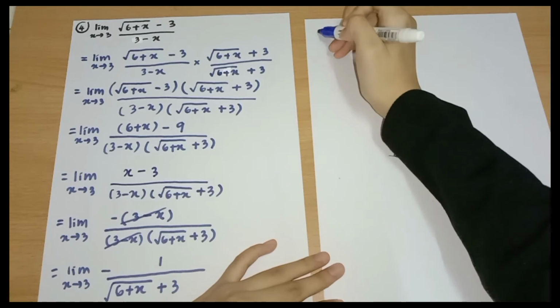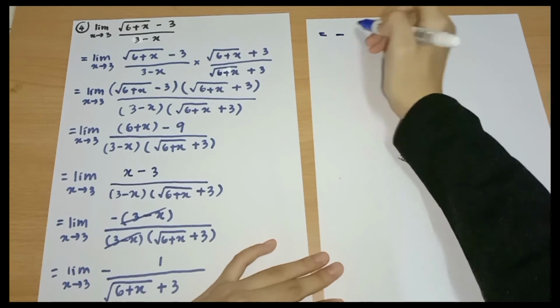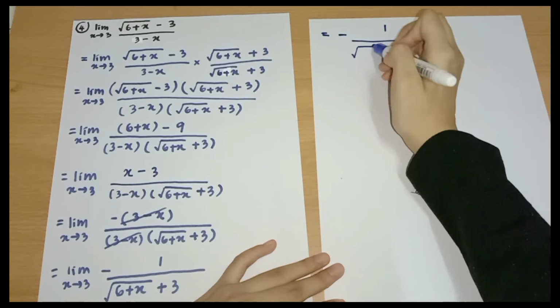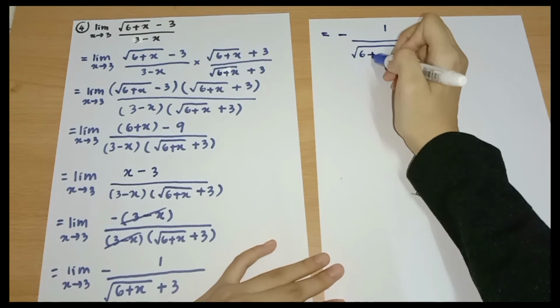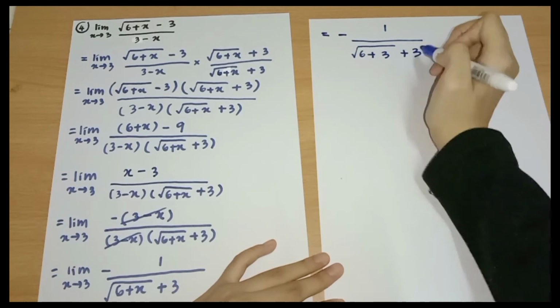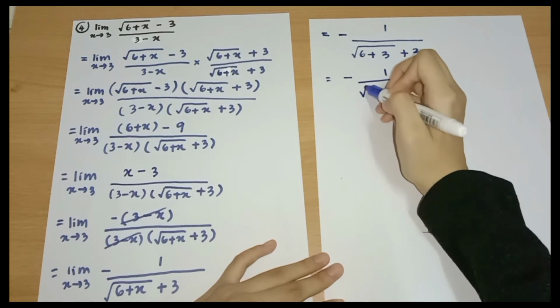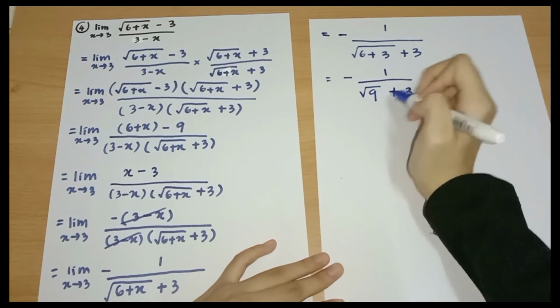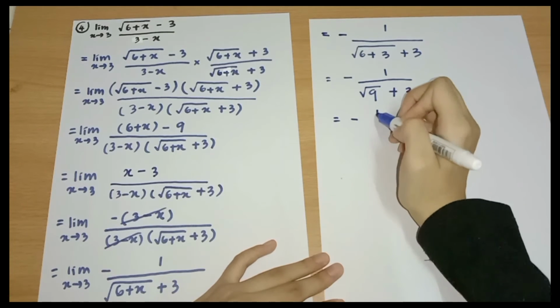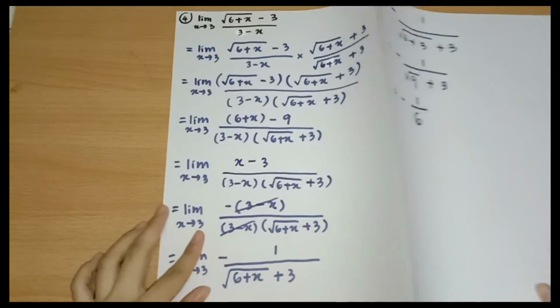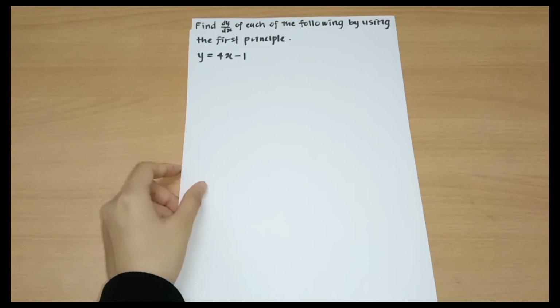So then we can directly substitute 3 into x. And we will get negative 1 over 6. So next question will answer this type of question.